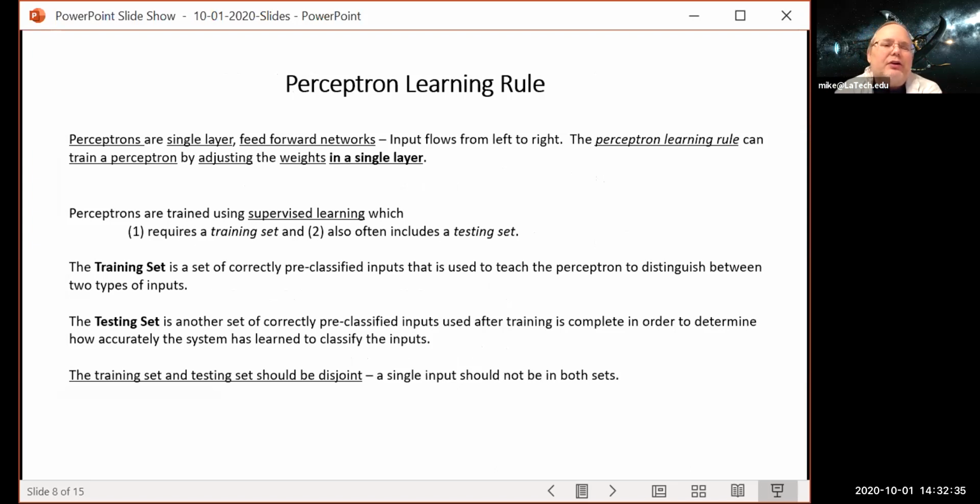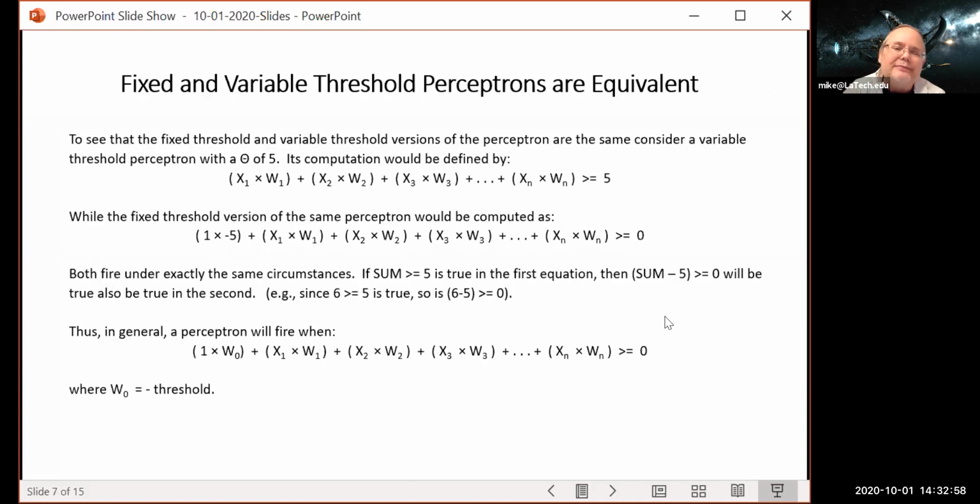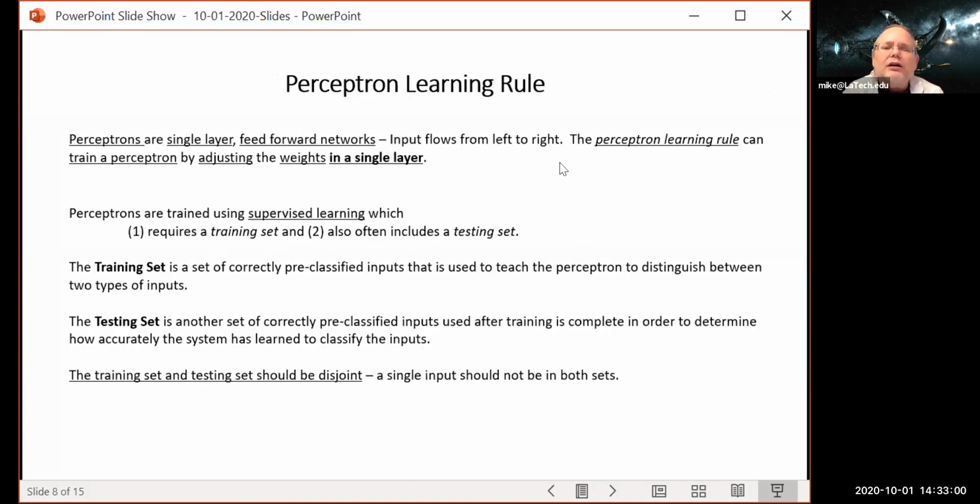So the first thing we need to say is, what is a perceptron? A perceptron is a single layer feed-forward network where inputs flow from left to right. Let's make sure that makes sense. It's a feed-forward network where inputs flow from left to right. That's exactly the way we've modeled it here.